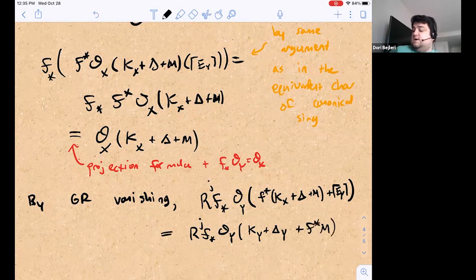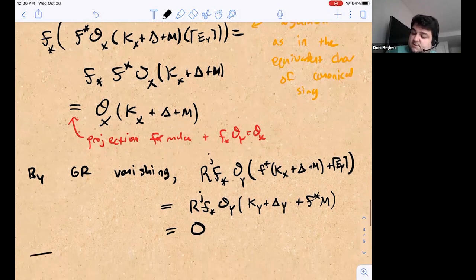the push forward of this guy is 0 because Y is smooth and this satisfies the conditions of Grauert-Riemenschneider vanishing. So delta Y is normal crossings, effective, the coefficients are less than 1, f upper star M is nef. So this whole thing is 0.